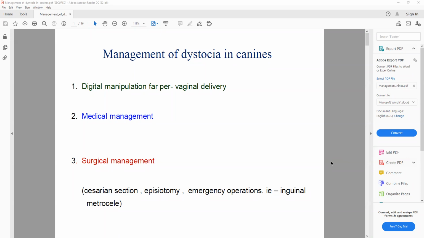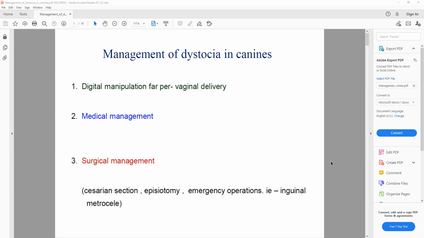But in canines, you have very limited access, because the canal is not that big, so you can use your fingers rather than the entire hand. Unless the fetal head or any part of the fetus is out of the cervix, you cannot do much. So we'll see that also.